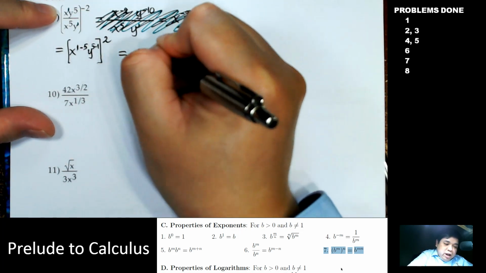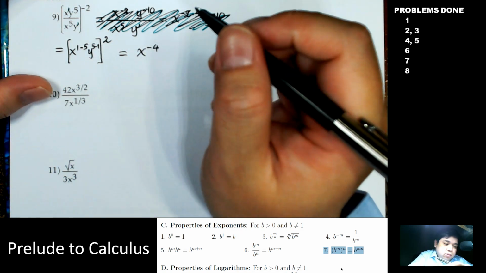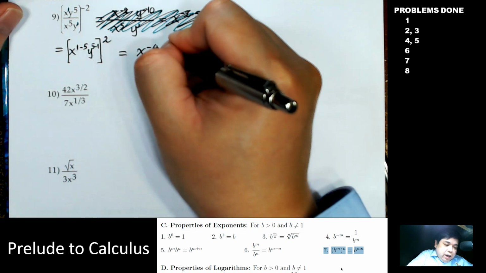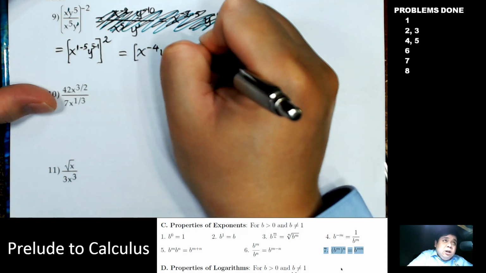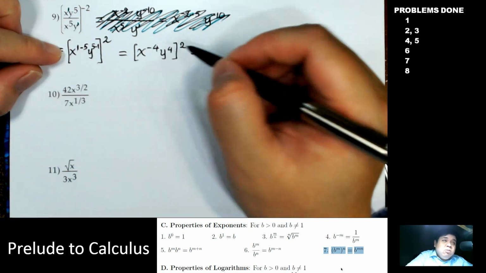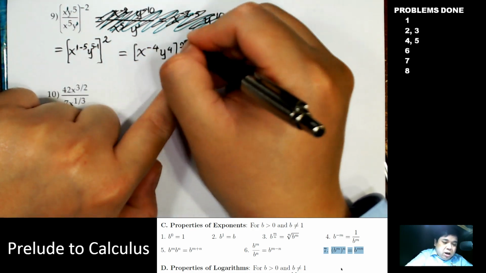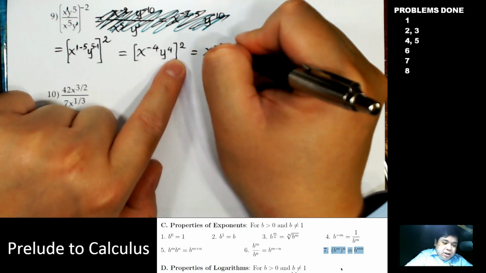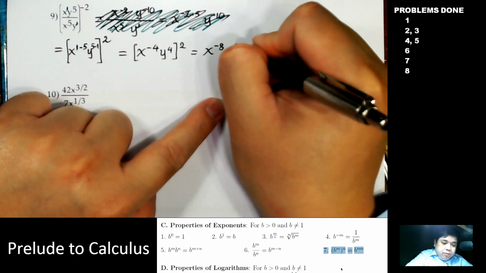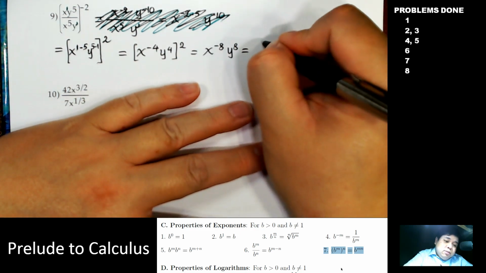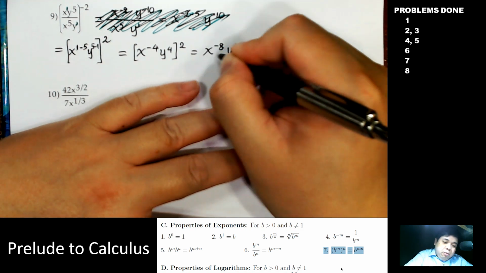So we have x to the negative 4 and y to the 4th power, squared. Now the power squared goes to the top, goes to everything. x to the negative 4 squared, negative 4 times 2, negative 8, and then y to the 4th squared, 4 times 2 is 8. So we can put the positive on top, negative exponent moves to the bottom.